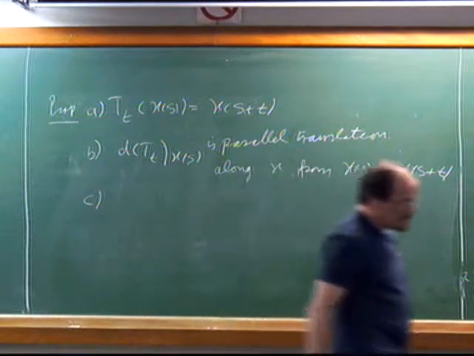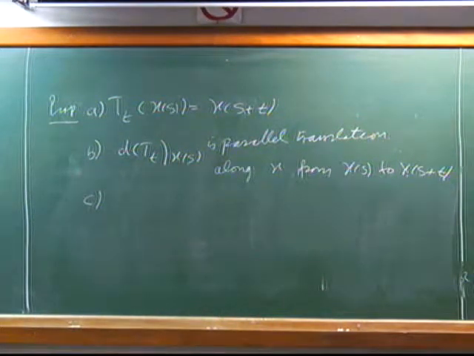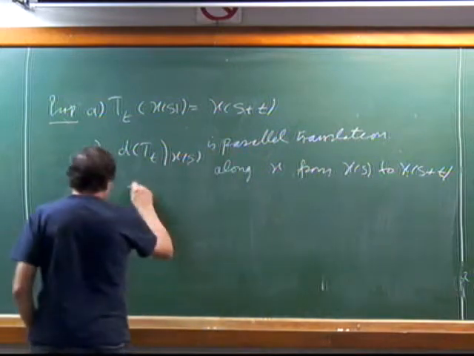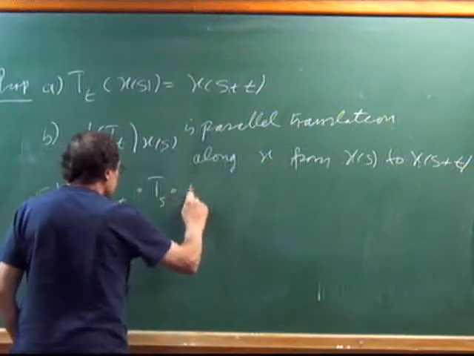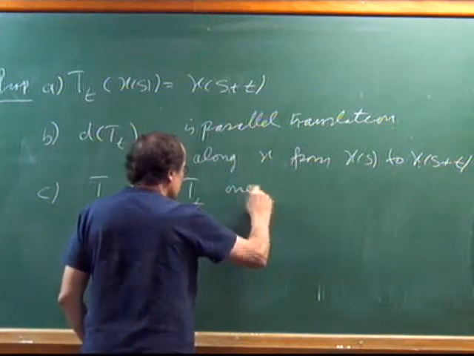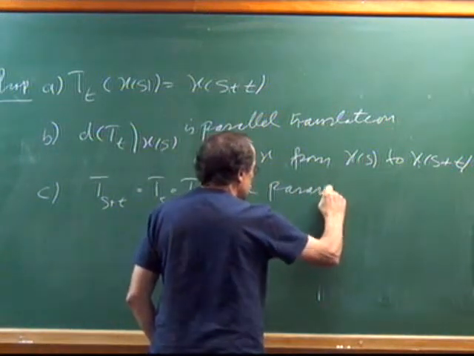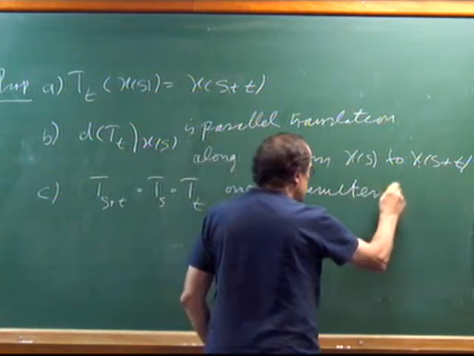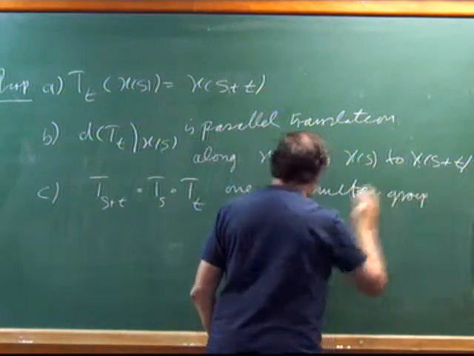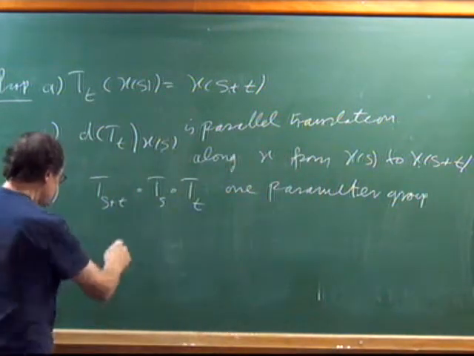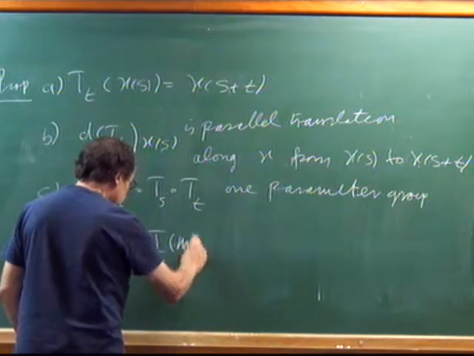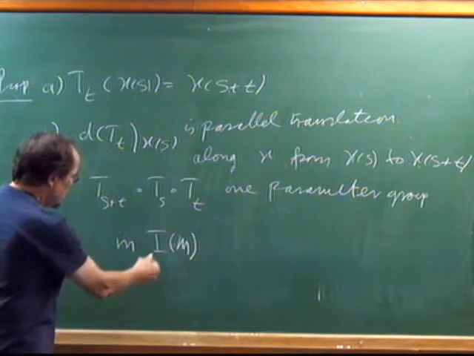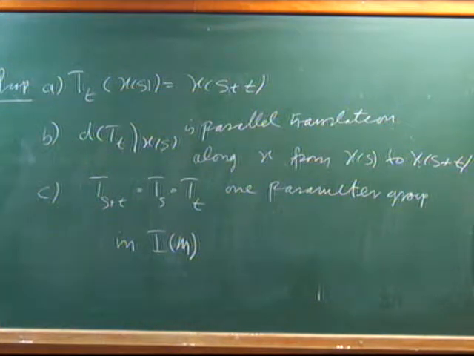And yes, it's a one parameter group of isometries. So it's called a one parameter group. In fact, it's in a Lie group. We said that the set of isometries is a Lie group for a given manifold M, I(M).